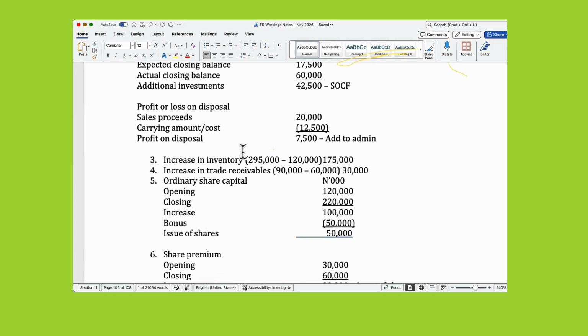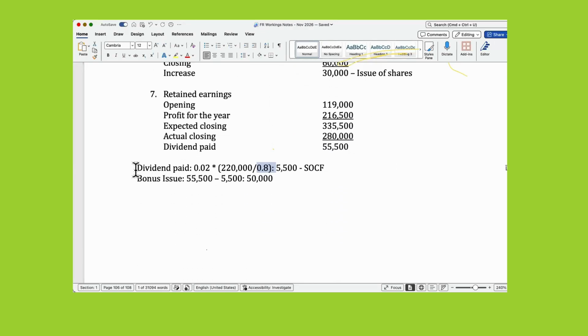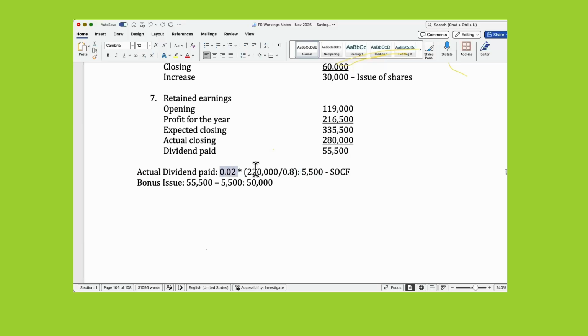So in order to establish the actual dividend that was paid, I just did 2 kobo times this one, which gives me the number of shares. So this is what actually goes to the statement of cash flows.